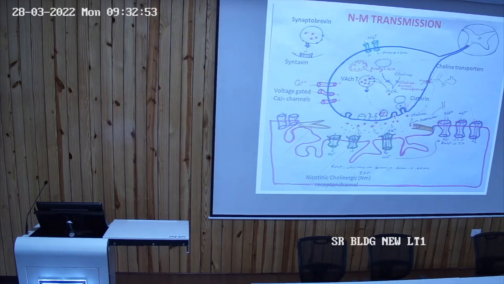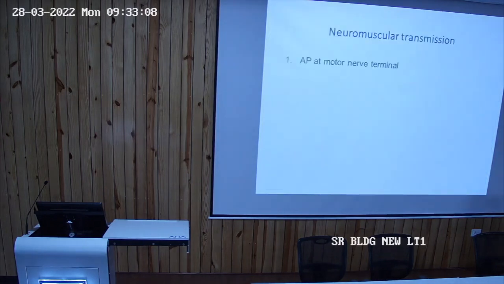So this clathrin molecule helps in the recycling of the vesicular membrane. Okay, these are integrated sodium channels, these are acetylcholinesterase enzymes. So I think we have understood this mechanism.